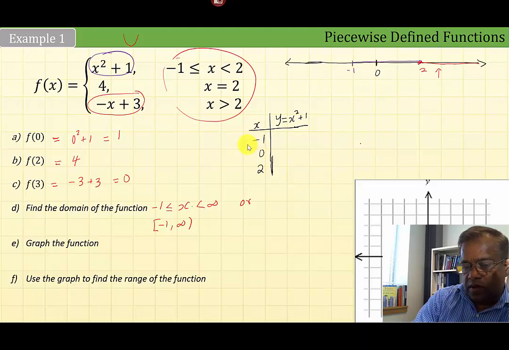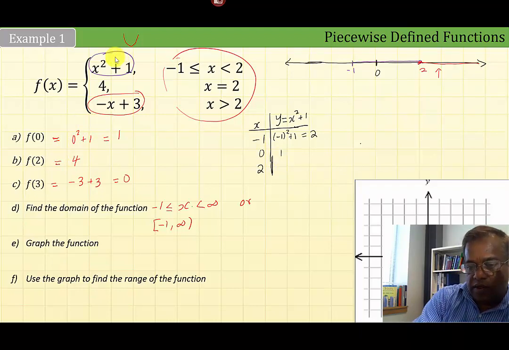So when x equal to -1, in this formula I get (-1) squared plus 1, which is clearly 2. And then at 0, we already found it, which is equal to 1.